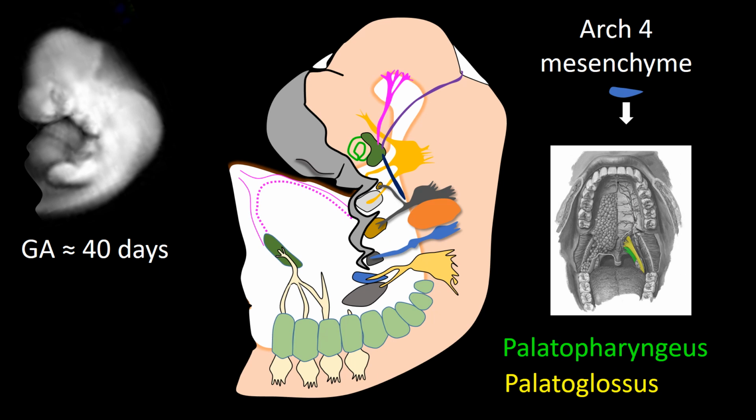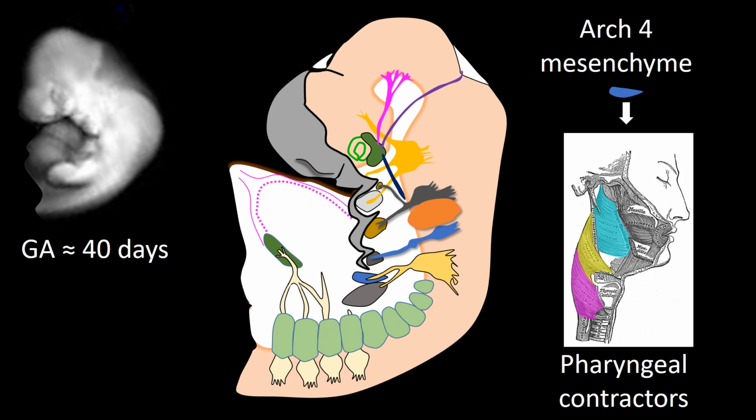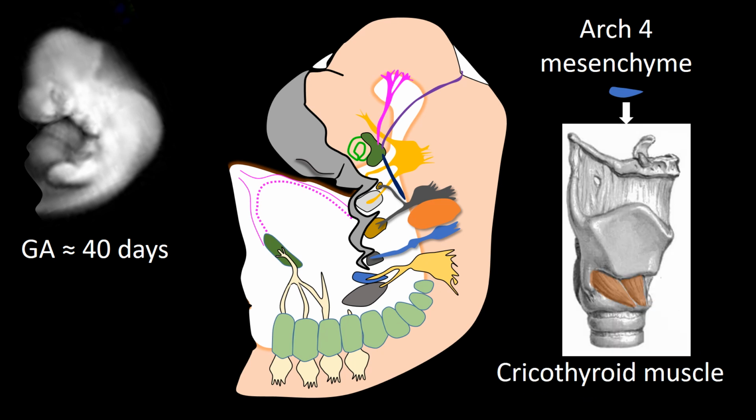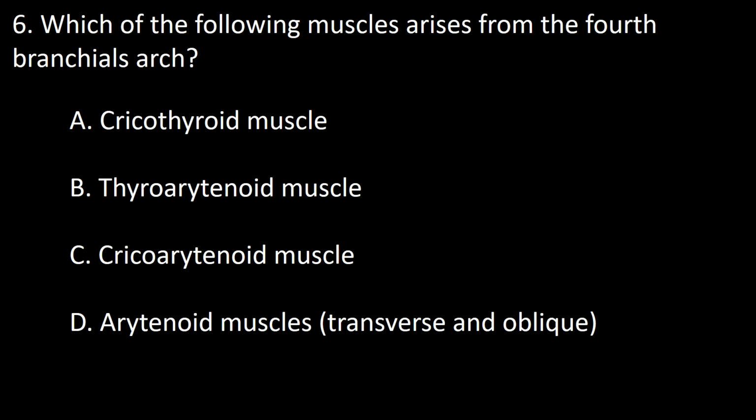In this frame you can also see the palatopharyngeus muscle, but also the palatoglossus muscle. In this frame, the pharyngeal constrictors, and in this frame, the cricothyroid muscle. So the answer to this question is A.